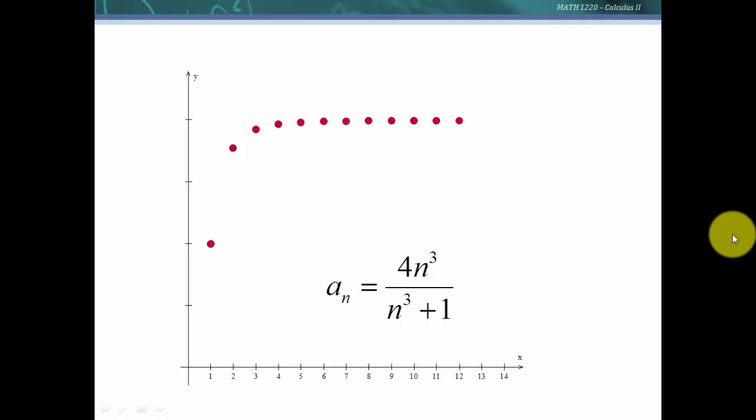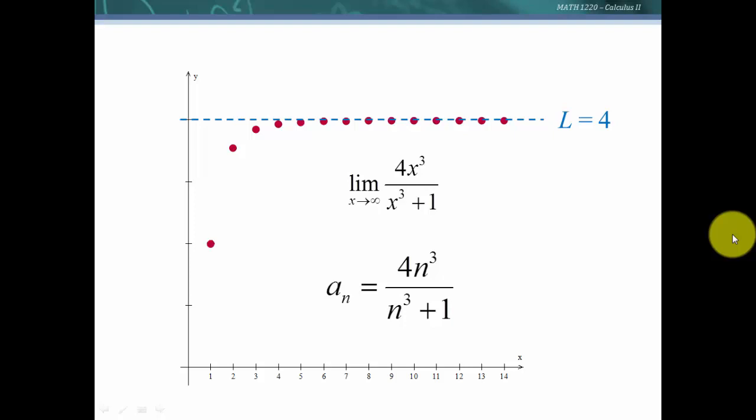It appears that it's probably approaching a limit, but it's not really obvious. We have to be careful of our resolution when we're plotting a graph. It looks like it's approaching that limit of 4, but we could confirm that by looking at the limit as x approaches infinity of a function that has these as its integer values.